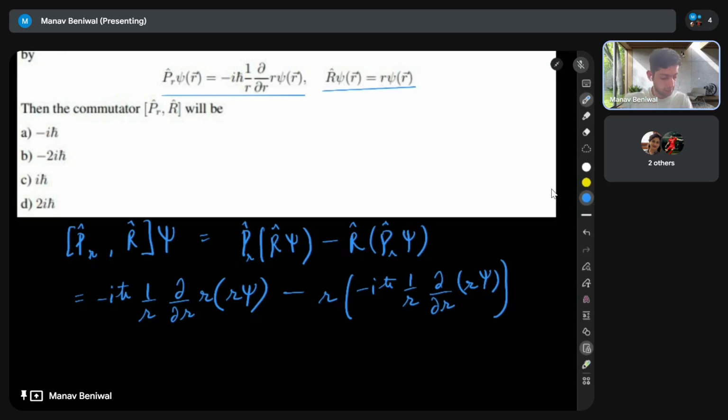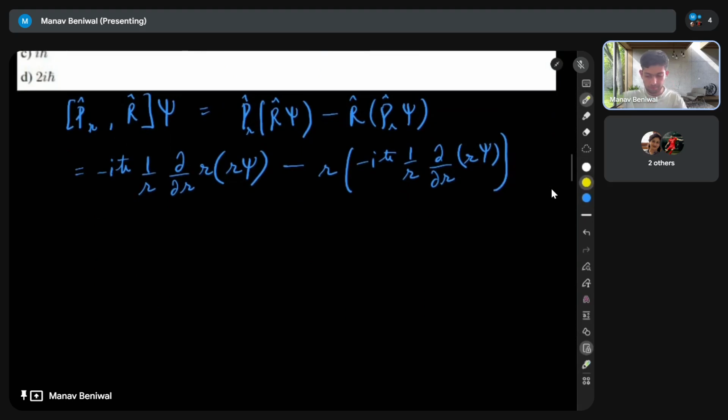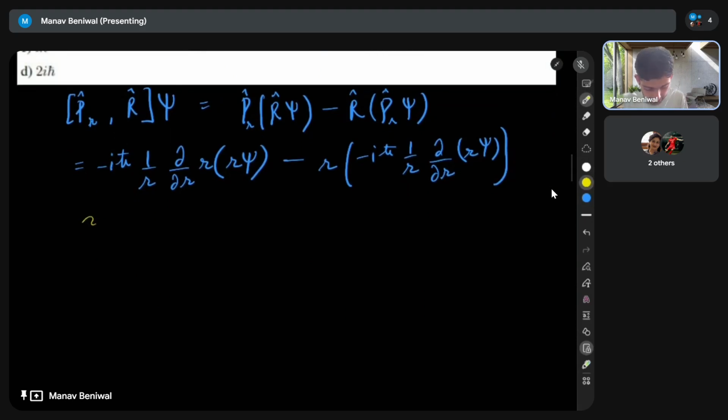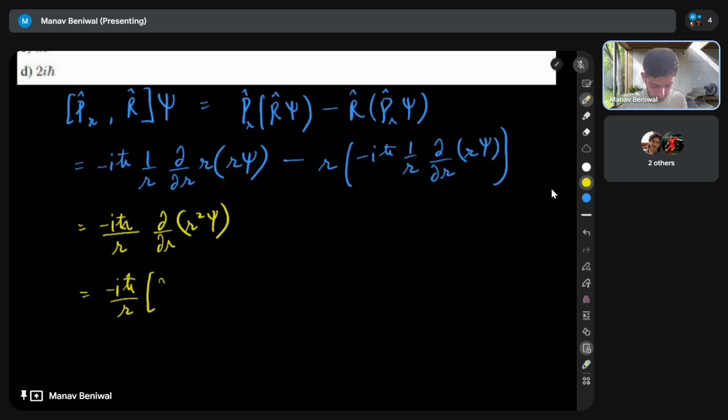Okay, so let's first solve the first term. We will have minus i h-cut by r, and then del by del r of r squared psi. Taking the derivative of r squared gives us 2r psi, and then we have r squared del psi by del r.